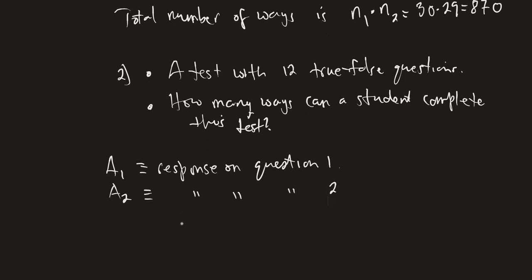And then since there are 12 of them, I'm not going to write it literally. I'm just going to say that pattern continues. So A12 in this case is the response on question 12.